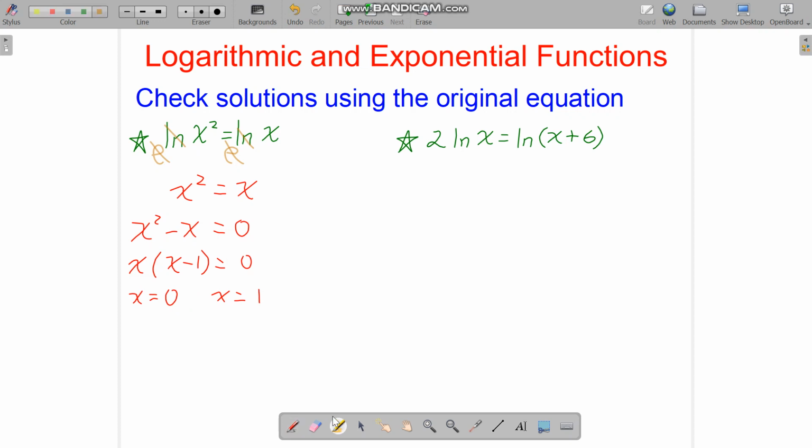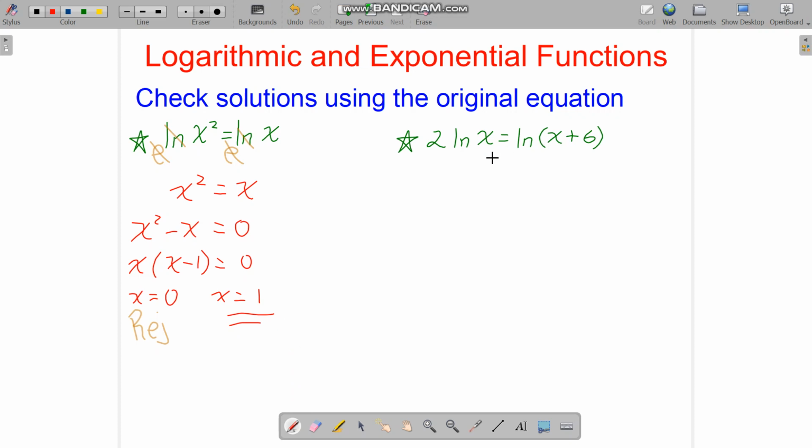But if you plug in 0, you'll get ln 0, which is impossible because the argument must be positive, so this is rejected. We have only one solution, so you have to reject the impossible.